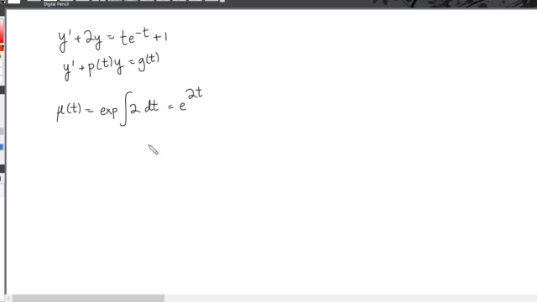Actually, I think it might work either way. I don't know, we shall see. So, okay, so then we just multiply e to the power of 2t to the whole equation. So we have 2 e to the power of 2t times y, and this is equal to e to the power of 2t times t e to the power of negative t plus 1.